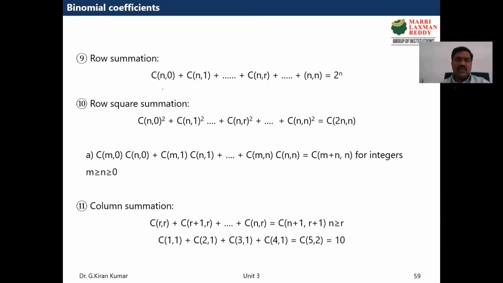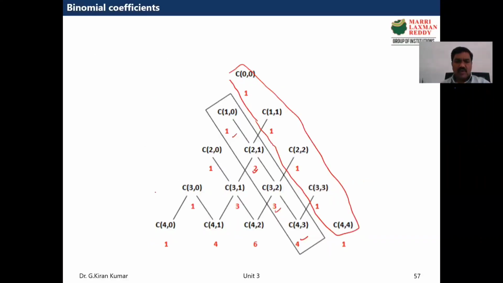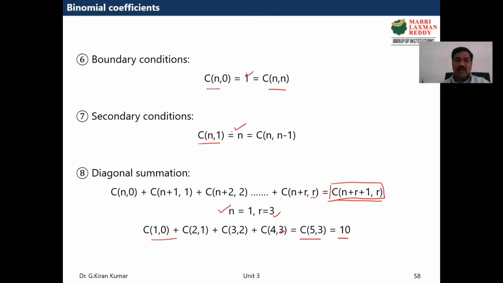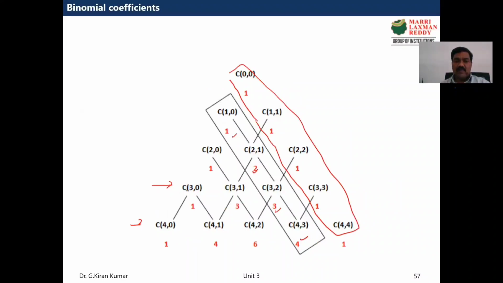And row summation. So this is one row, and this is another row. The sum of the coefficients in a row, the formula is 2 power n. For example, you take this.